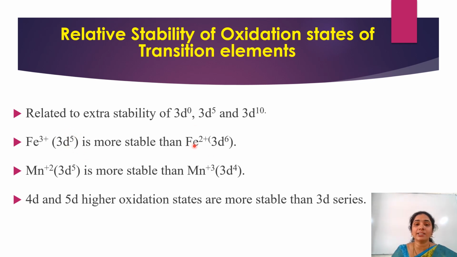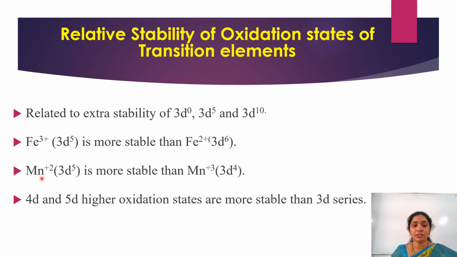Whereas if you take iron in the +2 oxidation state, it is gaining the configuration 3d6. As we see here, 3d5 is a half-filled condition, and 3d6 is not half-filled, it has one electron more than half-filled. That's why compared to +2, the +3 oxidation state of iron is more stable.